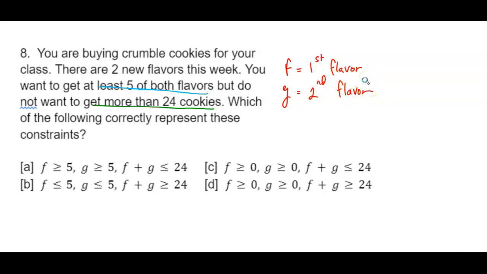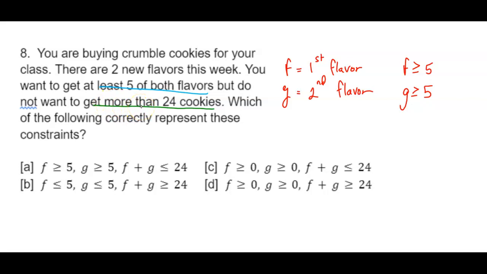Now it says that we want at least 5 of both flavors. So if we're letting F be the first flavor, we want at least 5 of F. So we can rewrite that as F must be greater than or equal to 5. We also want 5 of G, of the second flavor. So we can also say that G must be greater than or equal to 5. Now our last constraint is that we do not want to buy more than 24 cookies.